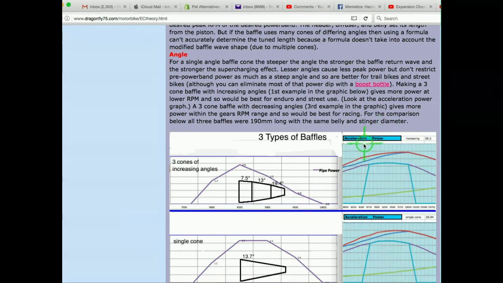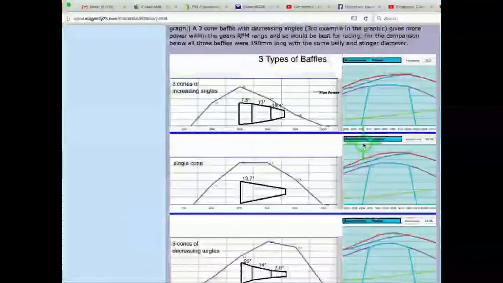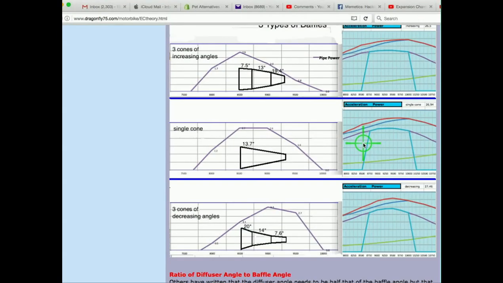On the baffle, this is the pipe power band of a single cone. It's a little bit left of center. Of a baffle with increasing angles, it's definitely left of center. And an inverse to normal baffle, with decreasing angles, is right of center.